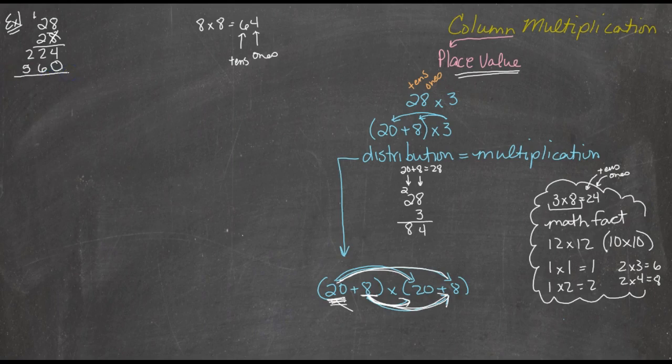Now, what I've done is I've multiplied 20 times 28, right? So this 20 times both parts of the 28, and the value I got for 20 times 28 was 560.